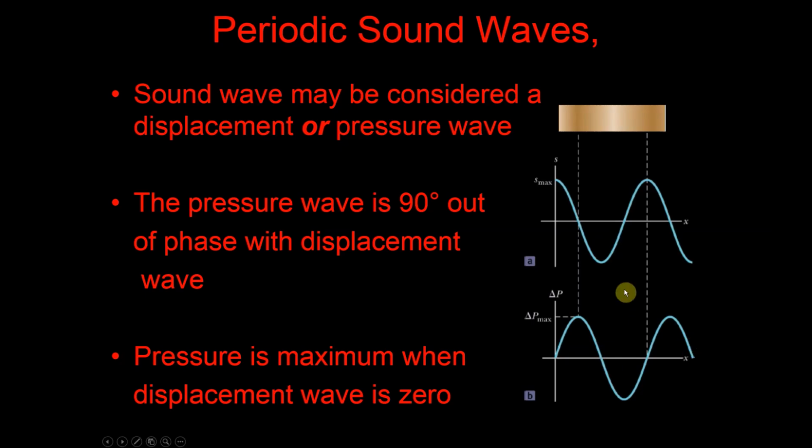And this diagram here shows our displacement starting out of phase with our pressure wave. Here, delta P, our pressure, is at minimum, and here, when our displacement is minimum, our pressure is maximum. Minimum displacement, maximum pressure. Minimum pressure, maximum displacement. They're perfectly out of phase by 90 degrees.